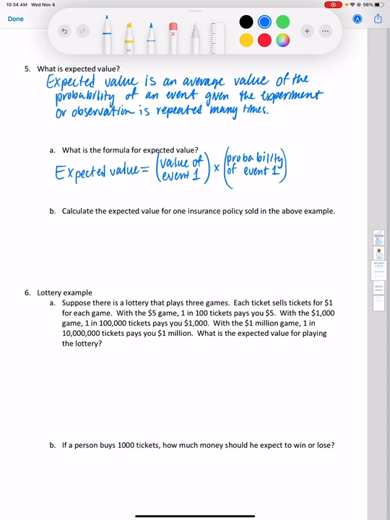Okay, and you keep adding those together. So we can add the value of event 2 times the probability of event 2.